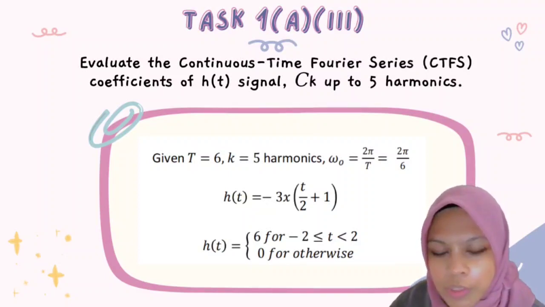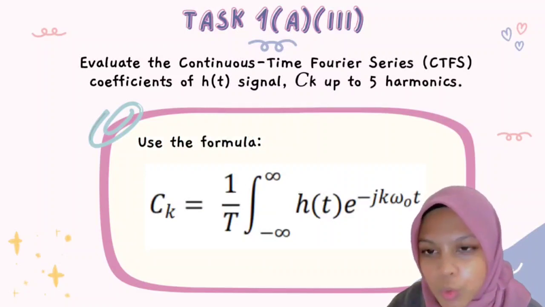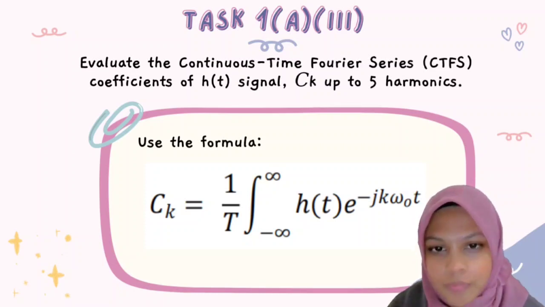So we must use this formula, which is ck equals 1 over T, integrate from -infinity to infinity, h(t), exponential of -jk omega naught t.